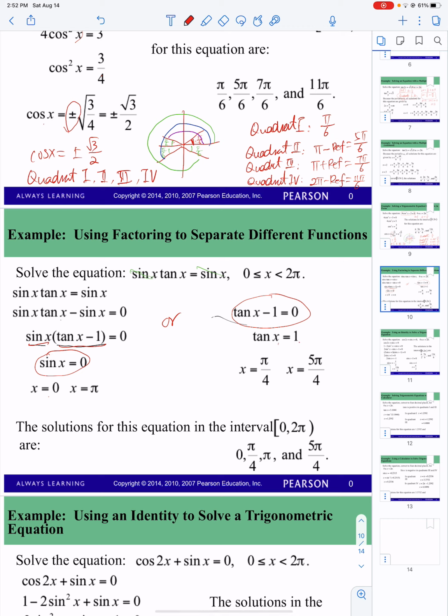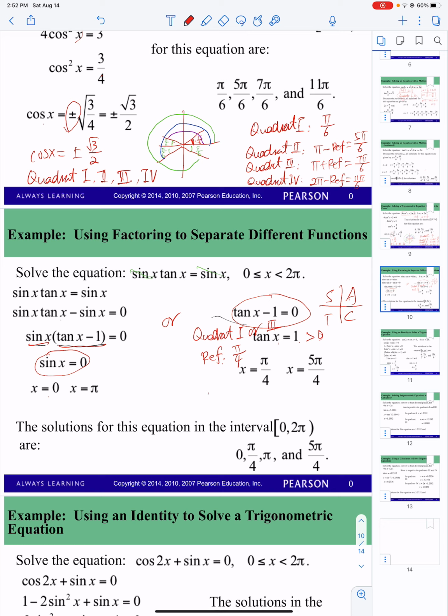Tangent x equals 1, what happens? Tangent x equals 1 is bigger than 0, so which quadrant is it? ASTC. So it's quadrant 1 or 3, and the reference angle is pi over 4. Are you with me?